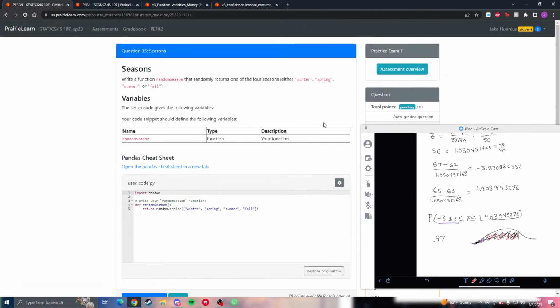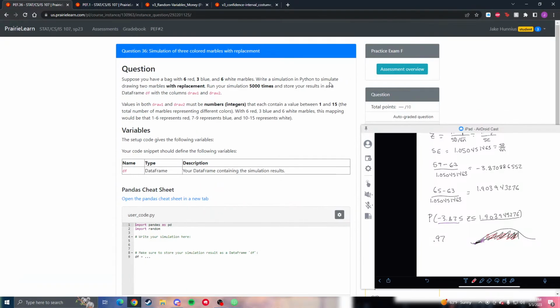And then, alright, do a simulation one. So remember, you do data is equal to the square brackets, and then we're going for 5,000 times, so for i in range(5000). How are we gonna do it? First, draw1 is a random.randint between 1 and 15. Draw2 is also a random.randint between 1 and 15.